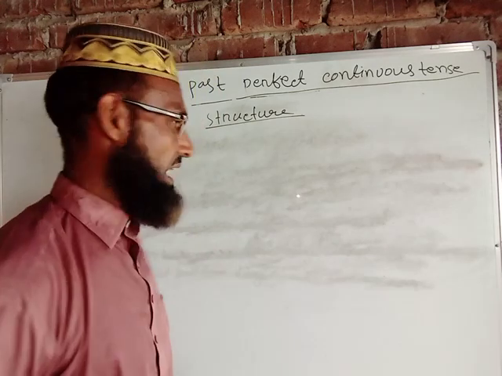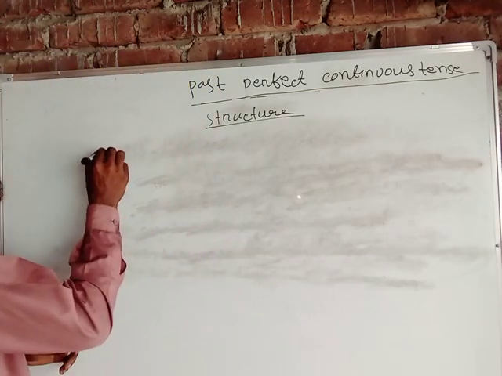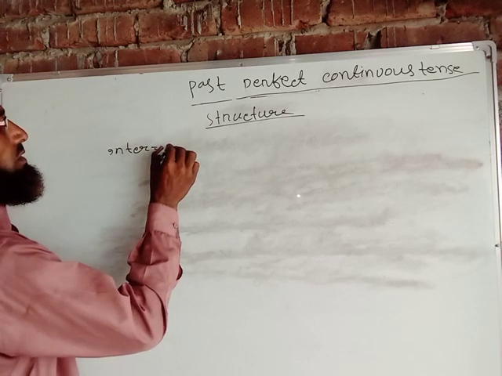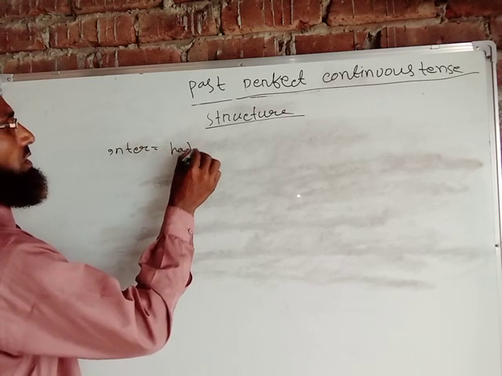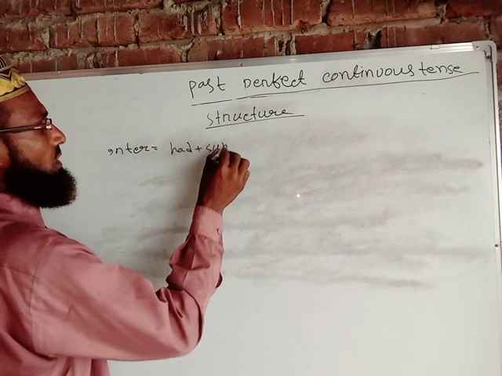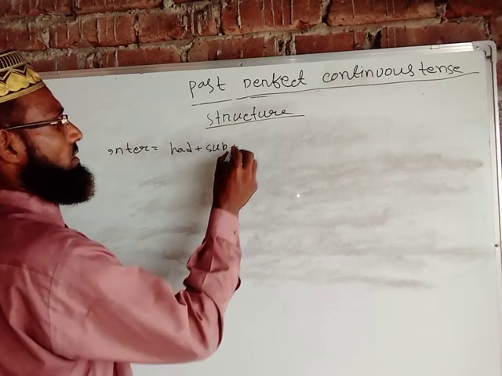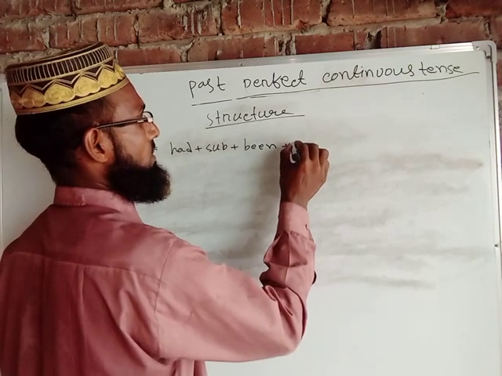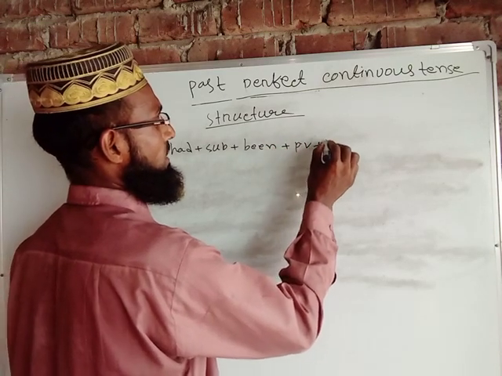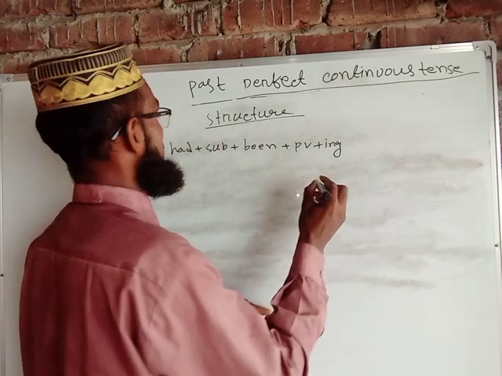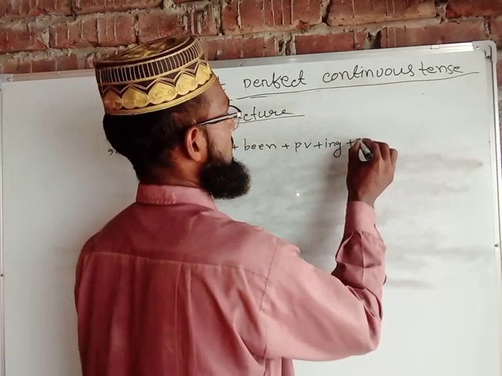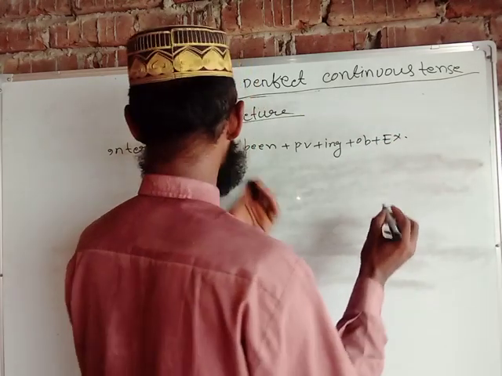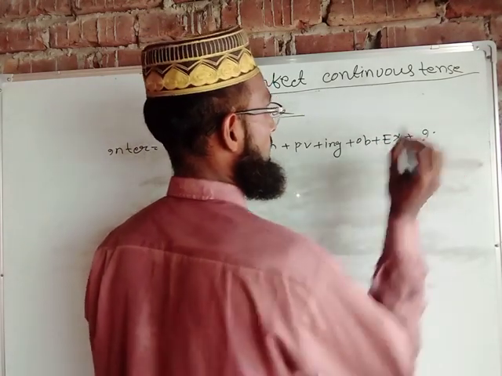Okay, student. Let's look at the blackboard. Interrogative: had plus subject plus been plus PV plus ing plus object plus extension plus sign of interrogation.